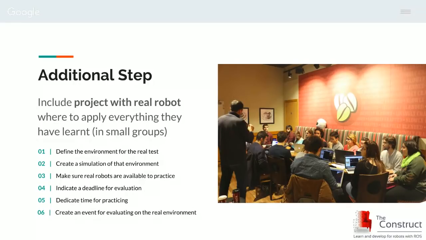If, for example, in this case we are talking about navigation, the robot has to create a map of the cafeteria. But you can test this also in the lab. So you can test if your algorithm is able to create the map in the lab. And then you can assume that if it is working in the lab, then it's going to work in the cafeteria afterwards. So you have to make sure that this time and this material are ready to be tested even at the robotics lab.